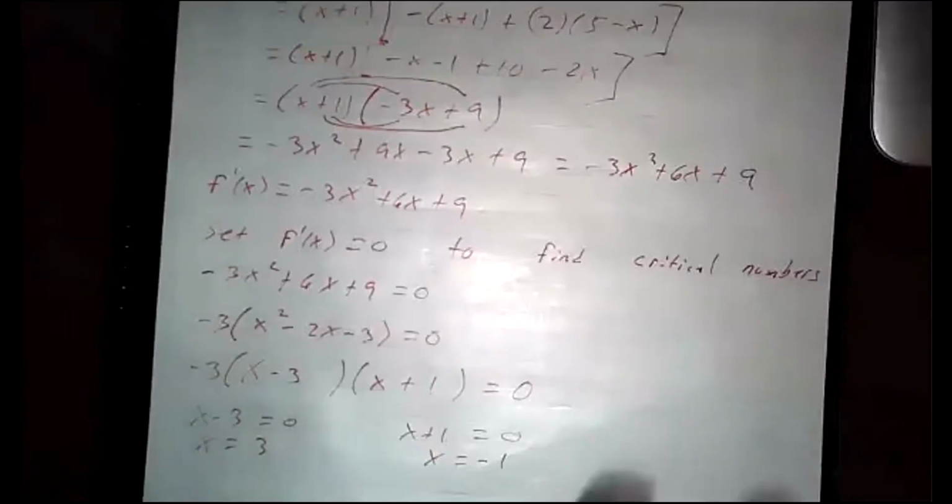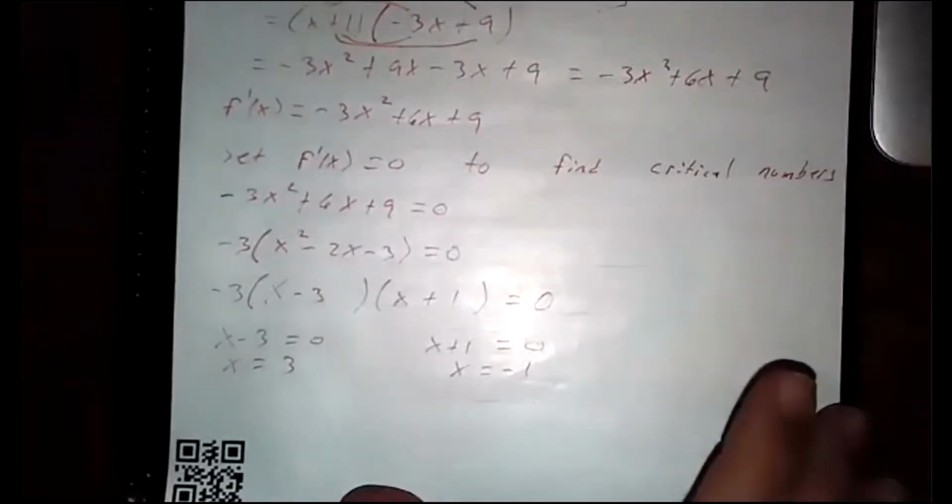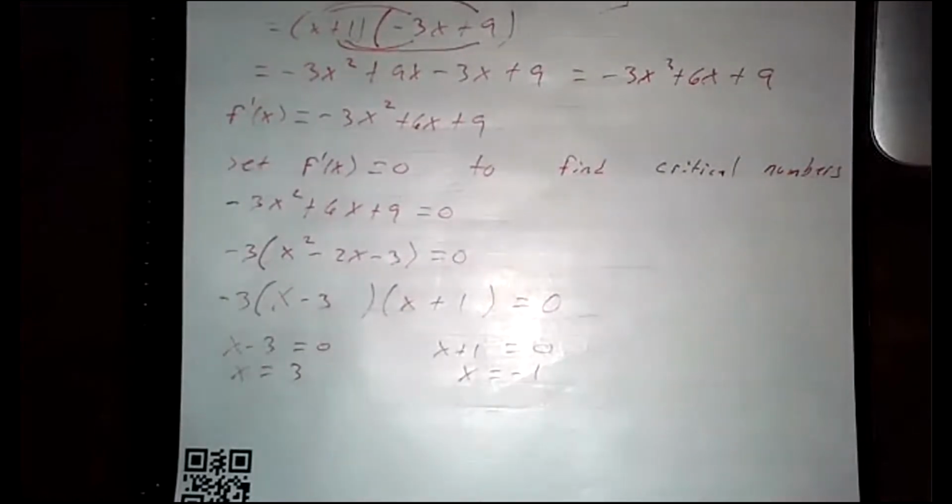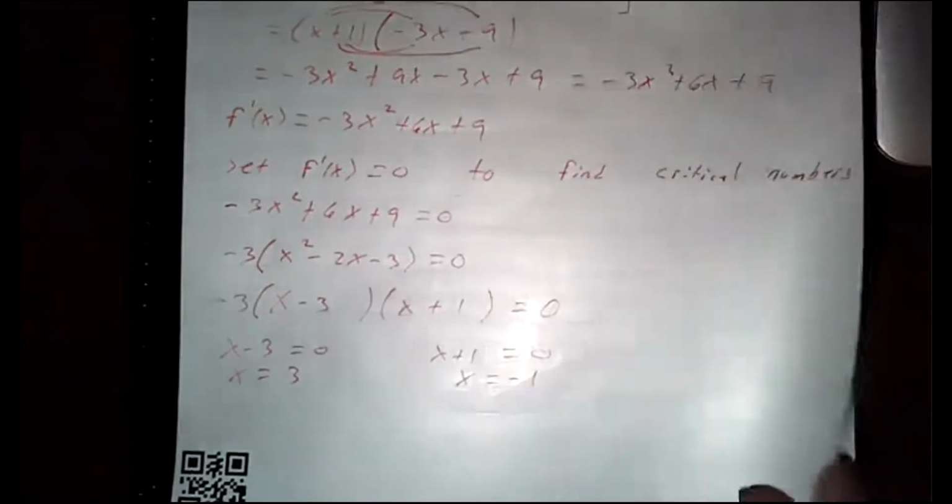All right, so part B wants to know where is the graph decreasing and increasing, right? Let me double check what it asked. Find the open intervals on which the function is increasing or decreasing.